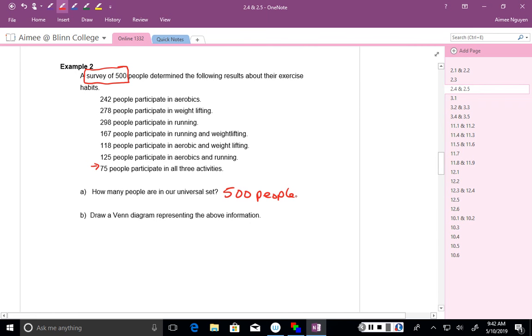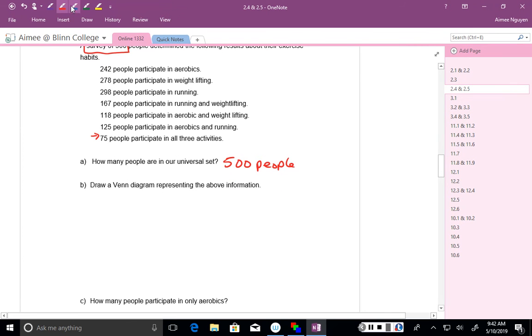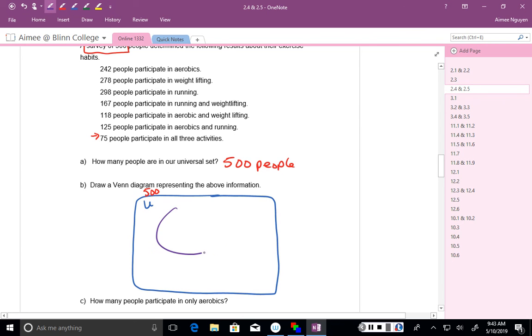Now I can draw my Venn diagram. I have my universal set, U. I know that total inside of here should be 500. The hardest thing about drawing a Venn diagram is making sure to give yourself enough room in the overlaps to write the numbers.